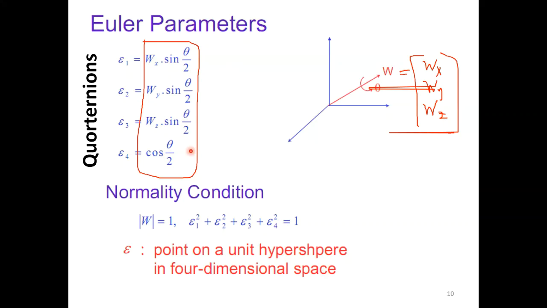Then, because Wx, Wy, Wz is anyway 1, the unit vector, it is sine square plus cos square, which is also 1. Okay. So that is the declaration of the rotation axis and the angle and how the Euler parameters are defined.